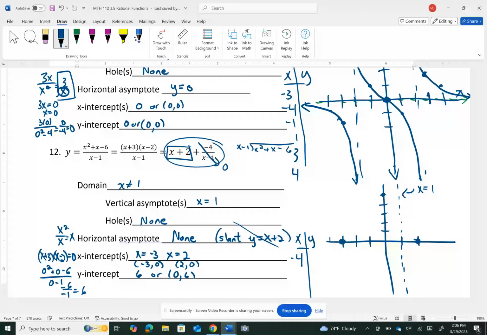I could plug in a -4, square it, plus a -4 minus 6, over -4 minus 1. So I'd get 16, take away 4, which is 12, take away 6, which is 6, over -5. So I'd be at -1 1/5. So when I'm over here at -4, I'm going to be at -1 1/5. Okay.